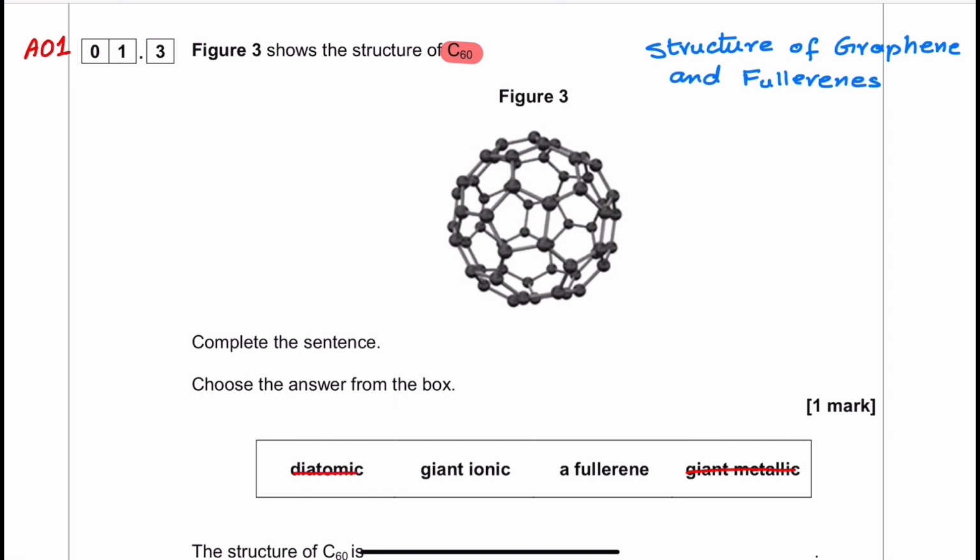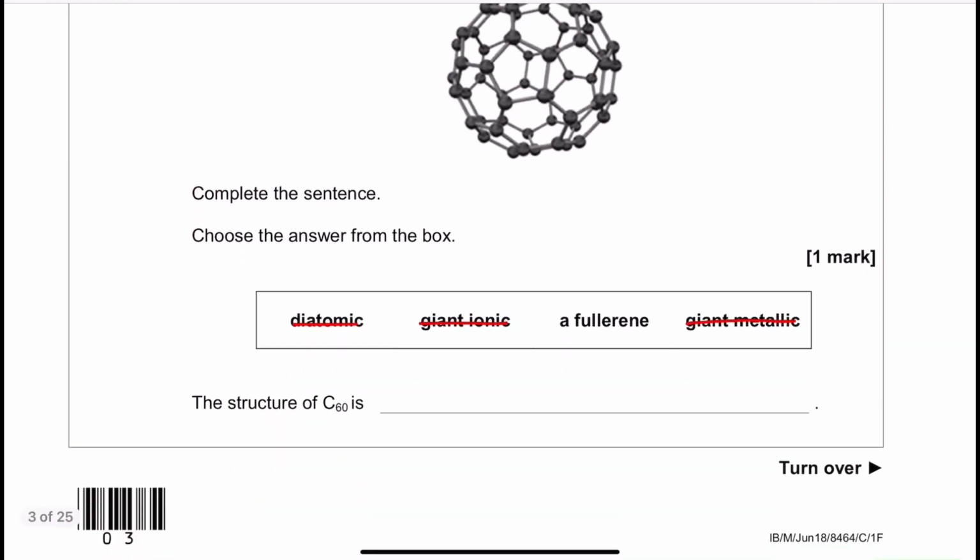It consists of one kind of particle, so there are no positive or negative ions present in this structure. So it is not making any joint ionic structure. So it is just the structure of fullerene here. The structure of carbon C60 is a fullerene.